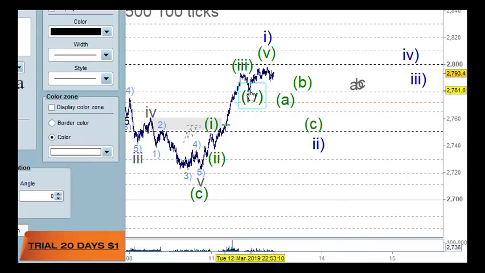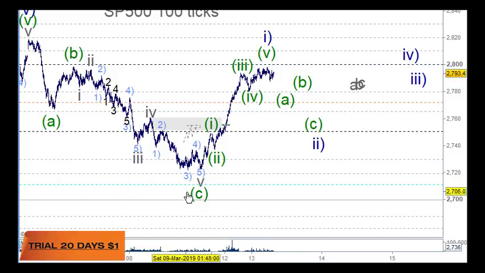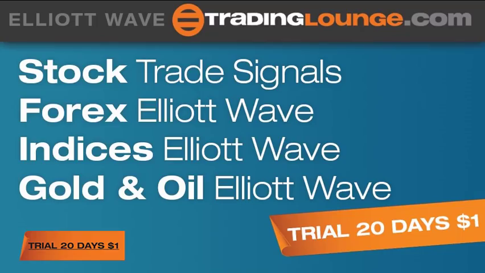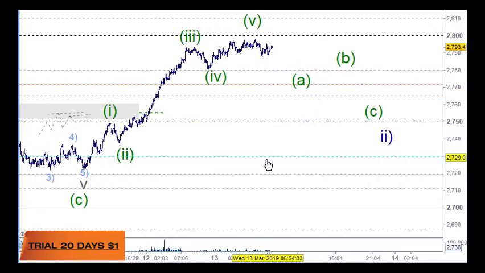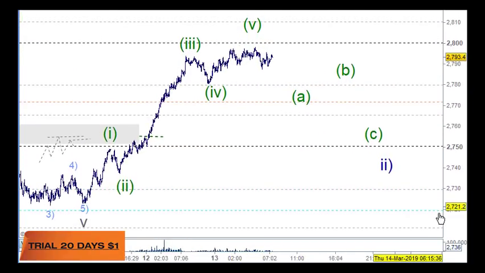The little 5th wave here may not be finished. Not that it's a big deal, because if you're trading long up here, you want to get out at 2800, because after 5 waves there's going to be an ABC counter trend coming into play.